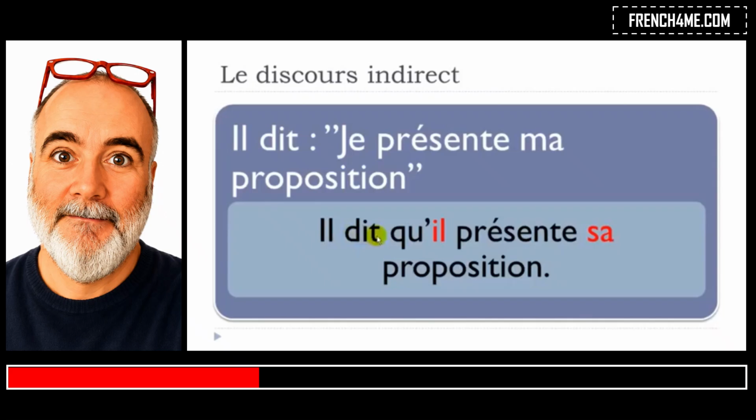So, il dit qu'il, okay, so exactly the same thing that we saw previously, présente, and then you will have to adapt, of course, this adjective possessive, so it won't be the first one, so ma, my, okay, but it will be sa, so third person of the singular. Okay, remember that in French we will put this feminine form sa just because the word it is connected to, so proposition, is feminine. All right, okay, so il dit qu'il présente sa proposition.